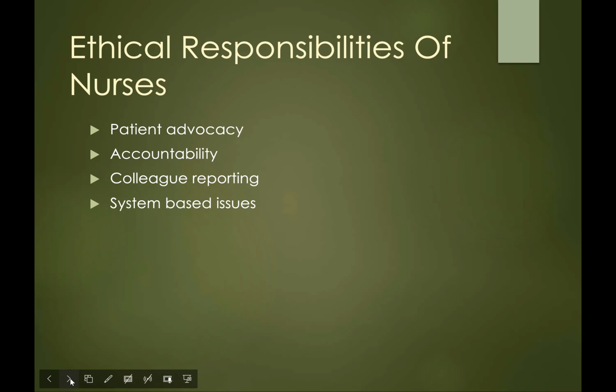Ignoring it and then finding out later that you knew about it and you didn't say anything makes you as guilty as the person who is performing that action.